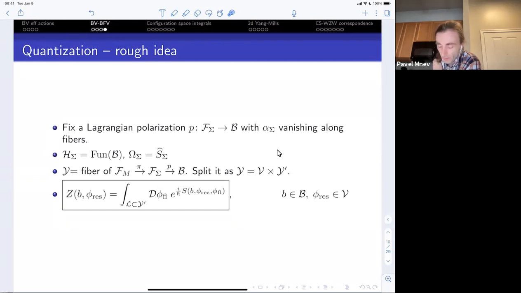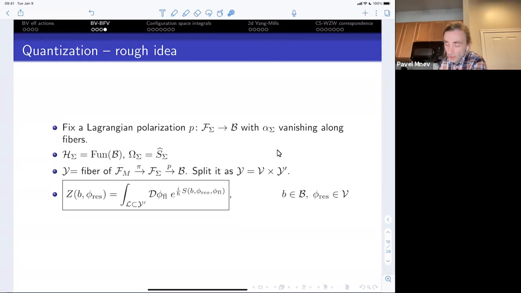That is this partition function Z. It depends on two things: on a point in this base, in other words a Lagrangian inside the phase space, one of the family of Lagrangians giving the Lagrangian polarization, so it depends on this little b, and on a point in the space of residual fields. Given such two points, I can integrate over a Lagrangian in Y prime, and I get some number. That's the value of this partition function. So it is indeed an element of the space of states tensored with functions of residual fields. So this is the idea.